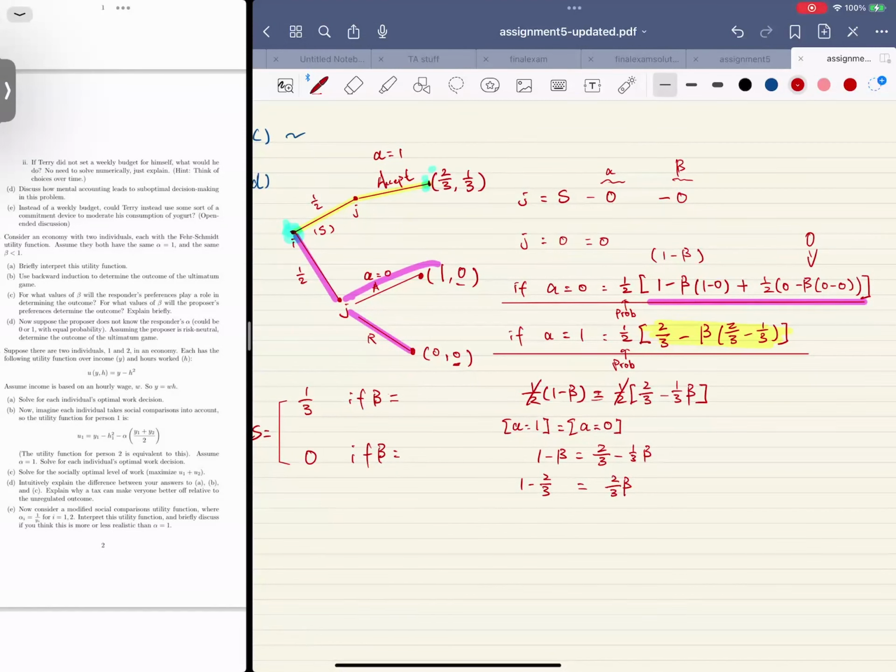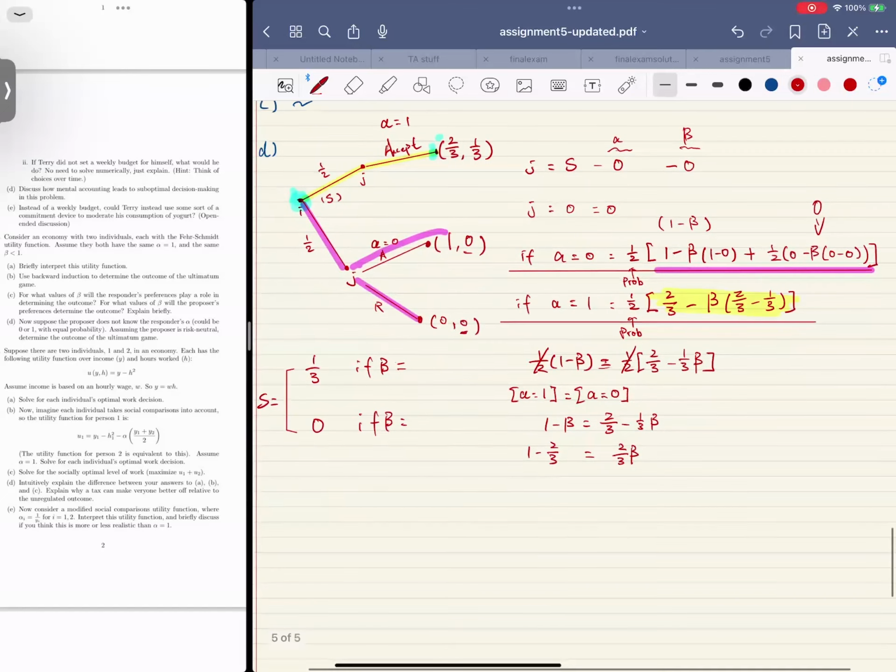Did I happen to screw up? Let's see. This is positive 1/3 equals 2/3. I think I screwed up somewhere.